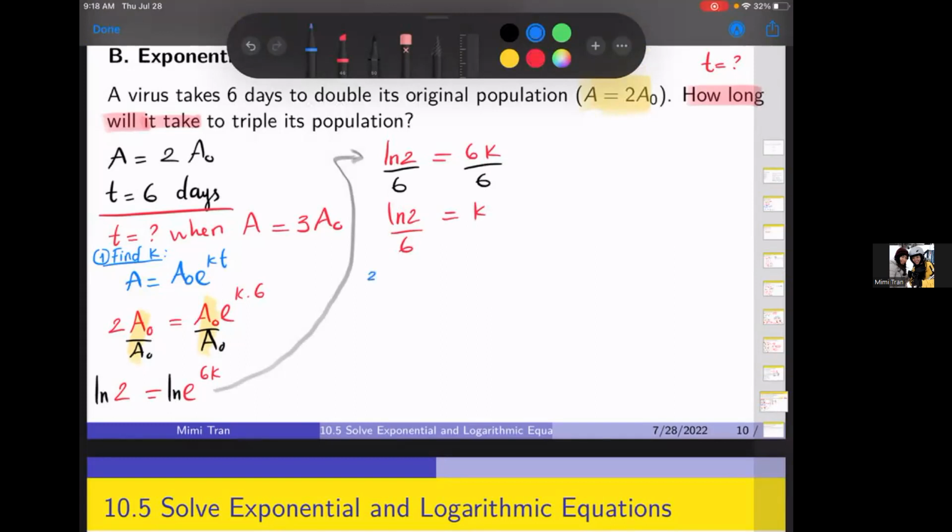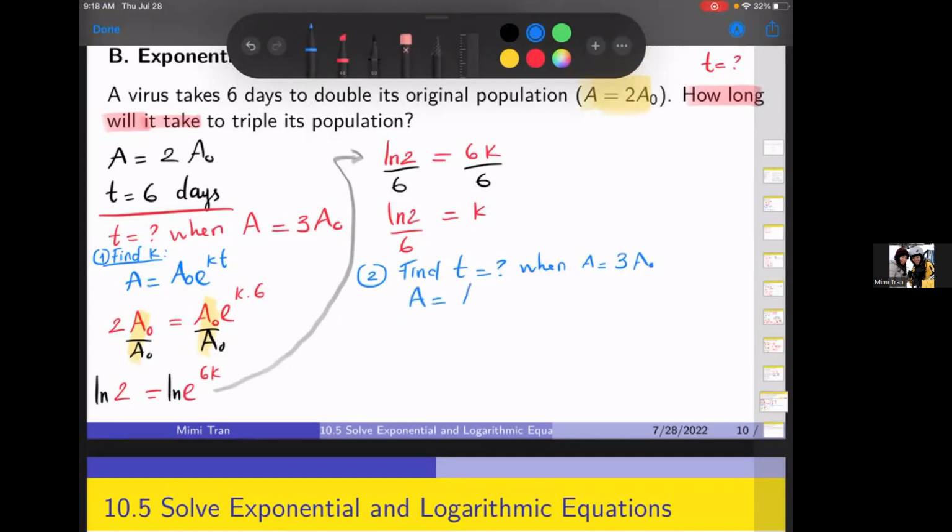Now step 2, we're gonna find t when the final amount is triple the original amount. Okay, I think it's easy enough, right? We have k, and we can plug in the same thing again.